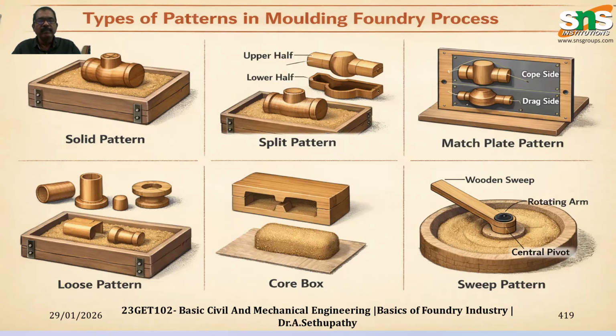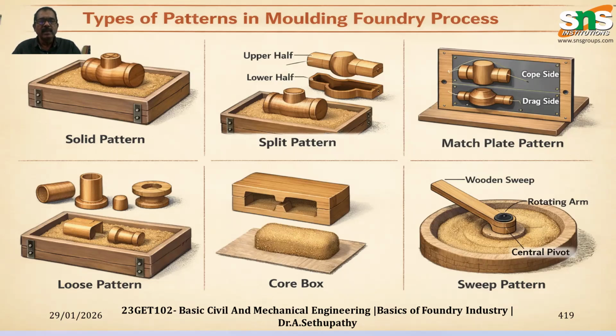After that we tilt the molding box and remove the pattern. We get the same impression of the pattern in the sand in the molding box. This is called the mold. So the pattern is used for making impressions in the sand.